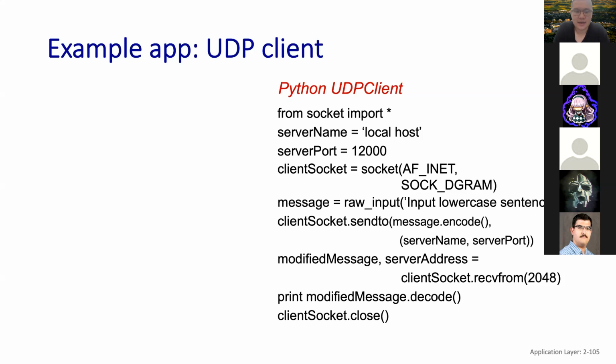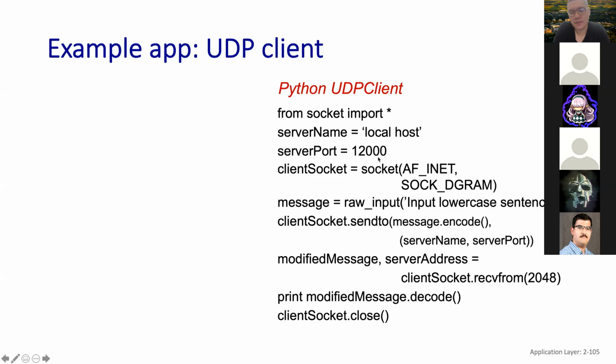So my laptop is localhost. Some Linux systems are also localhost if you don't change it, right? So the server name is localhost, and the server port is, sorry, 12000.